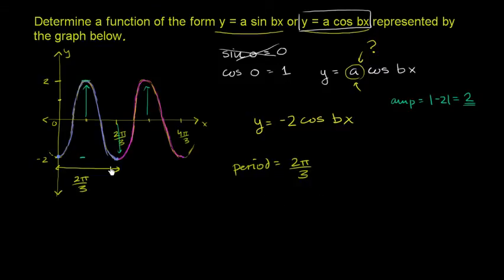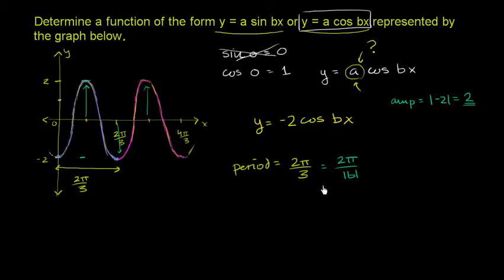And given that the period here is 2 pi over 3, can you figure out what b is going to be? Well, the period of this is going to be equal to 2 pi over the absolute value of b. And you can solve this multiple ways.